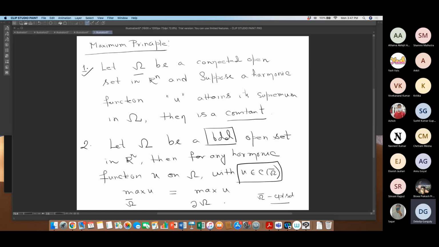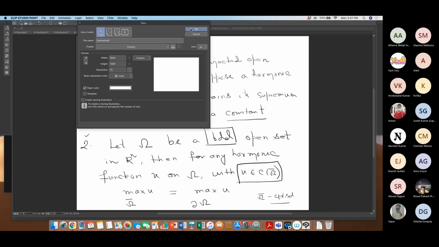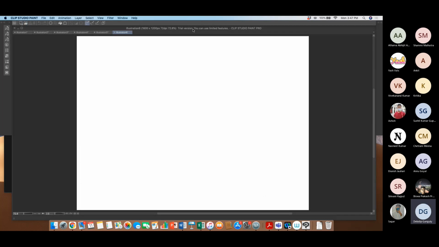Okay, so let me prove this. First of all, I prove that if it attains its supremum in omega, then u has to be a constant. Any idea how to go forward? Anyone?